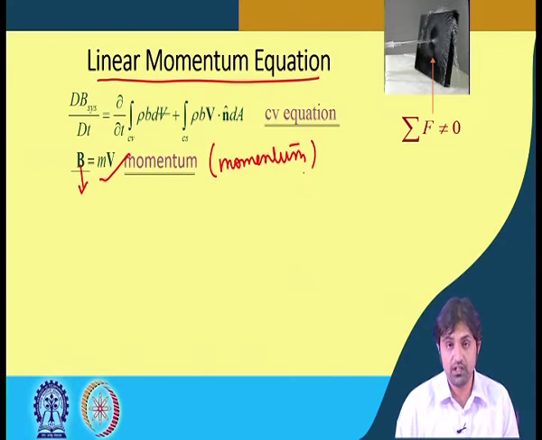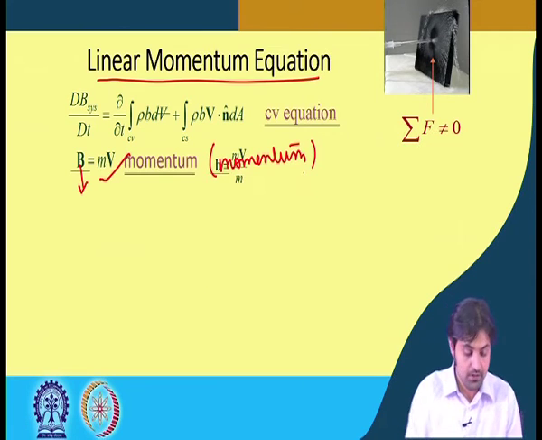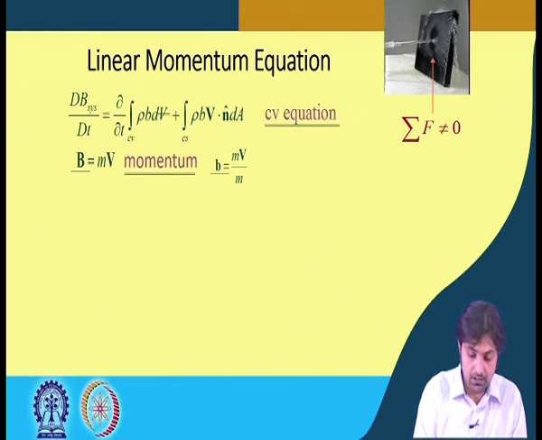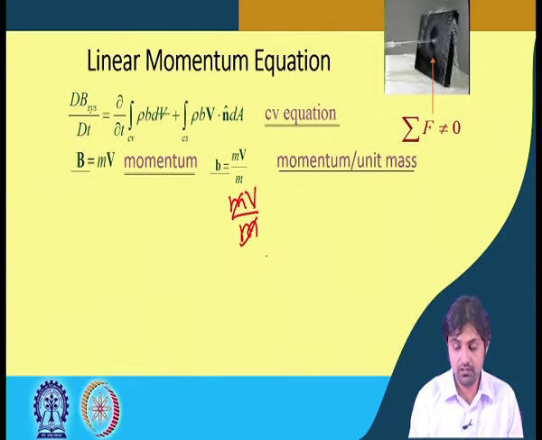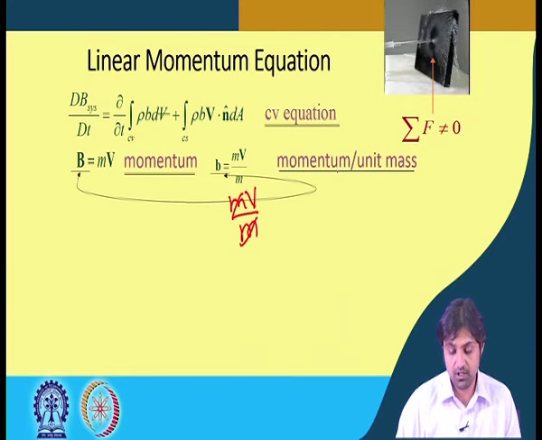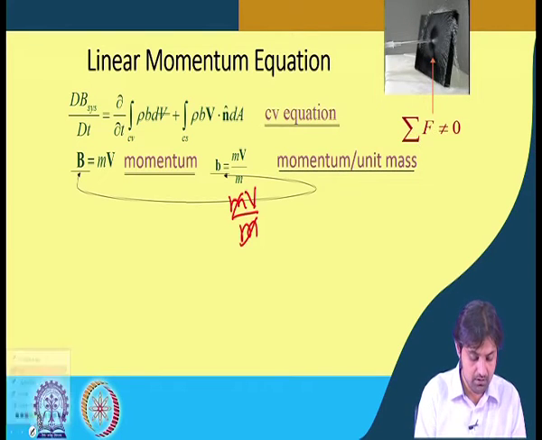In fluid or any type of mechanics, mass times velocity is momentum. Small b by definition is the property divided by mass, so it is mv by m. This cancels, so it is momentum per unit mass.